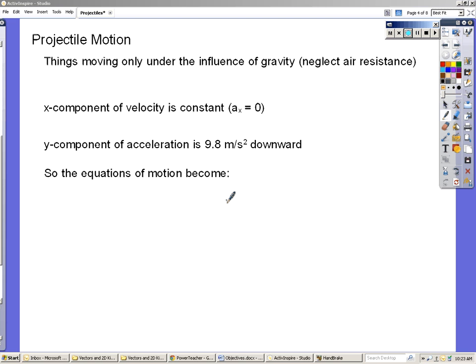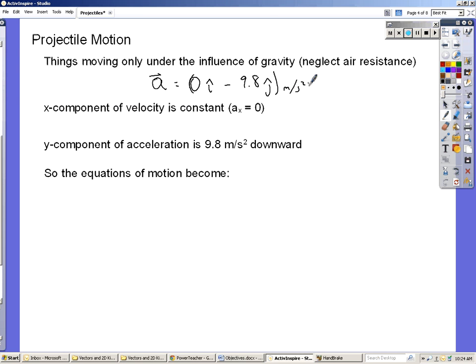Now the result of that is that the acceleration is equal to 0 i hat minus 9.8 j hat meters per second squared.